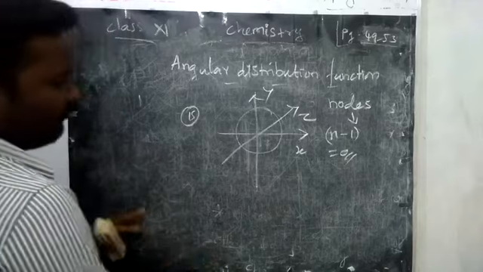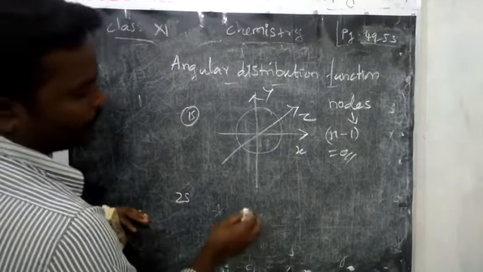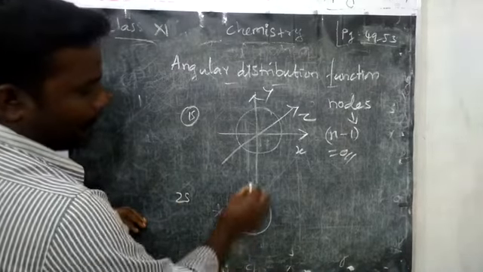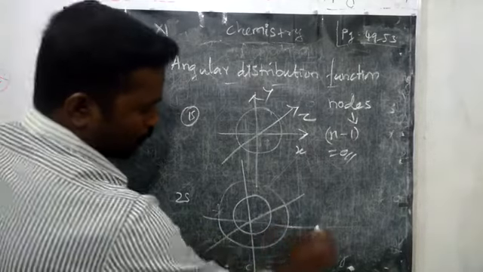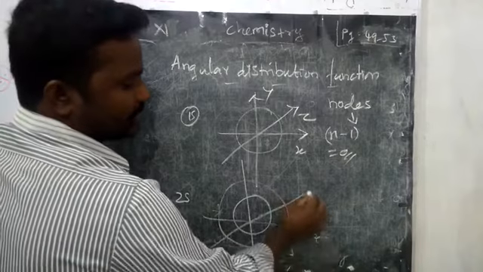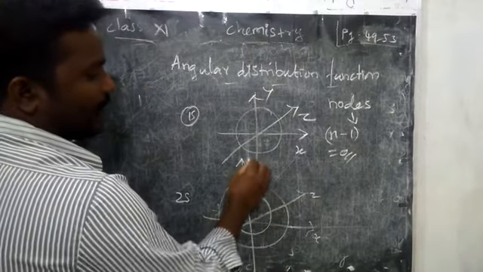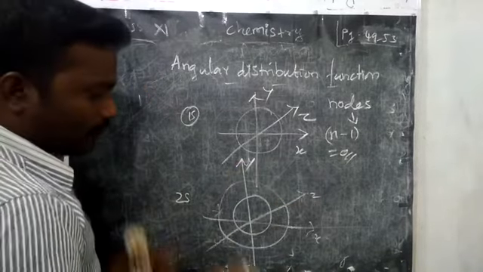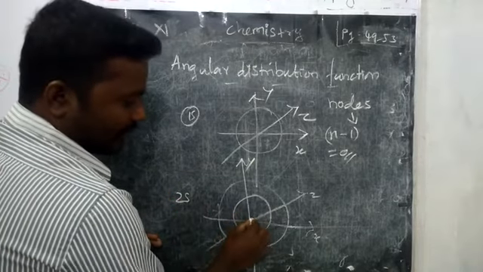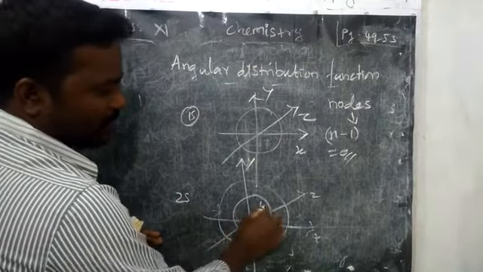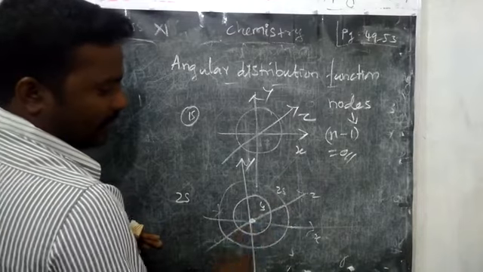For 2s, how do you draw? Right? X, Z, Y axis. Now just listen. This is the nucleus, the first 1s orbital, and this is the 2s orbital.